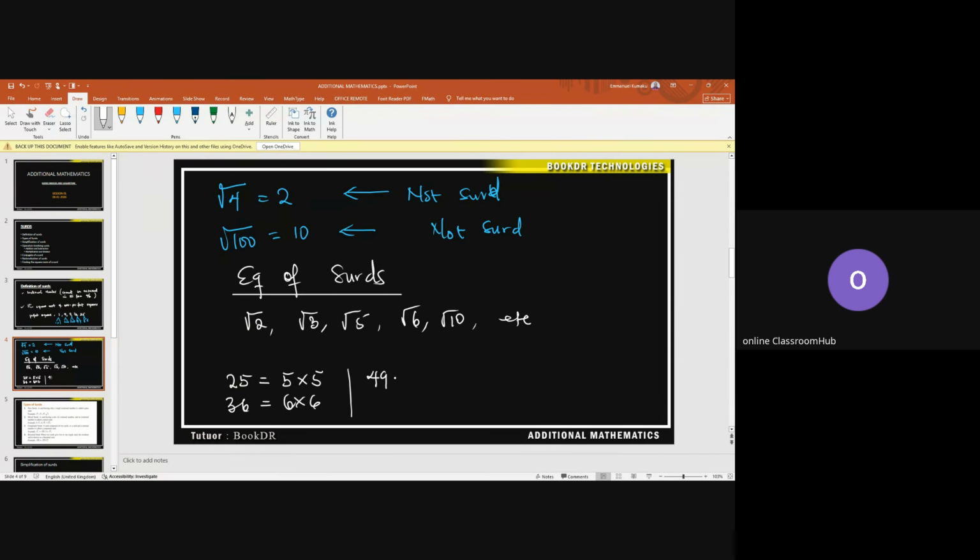Another example is 49, which can be expressed as 7 multiplying itself, or otherwise, the square of these numbers. So we could have written 5 times 5 as 5 squared, or 6 times 6 as 6 squared, or 7 times 7 as 7 squared. So these numbers are perfect squares because they can be expressed like that. And we have many of such perfect squares.